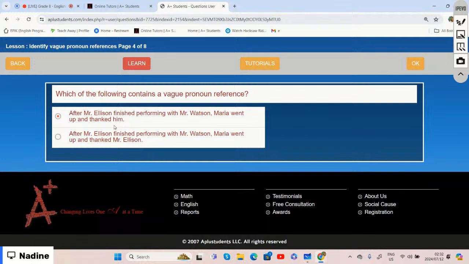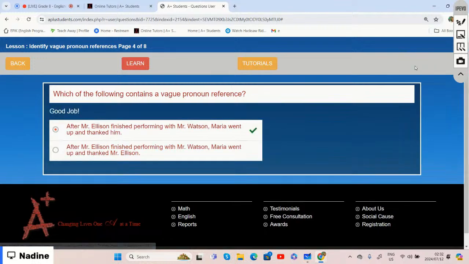We don't know if it's Mr. Ellison that Maria thanked or Mr. Watson that Maria thanked. And that is why we say that is a vague pronoun reference, because it doesn't give us a clear and direct indication of who Maria went to thank, because both Mr. Ellison as well as Mr. Watson were performing. So option one is correct.